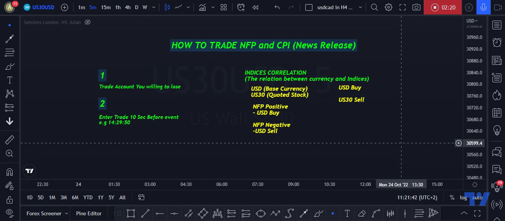On a negative NFP or CPI, USD is going to sell. So as USD is a base currency, USA 30 is going to act as a quoted stock.